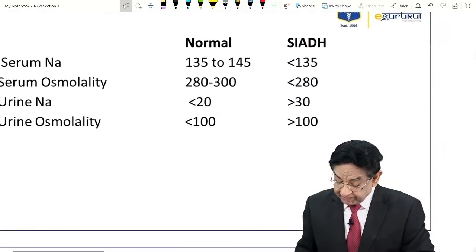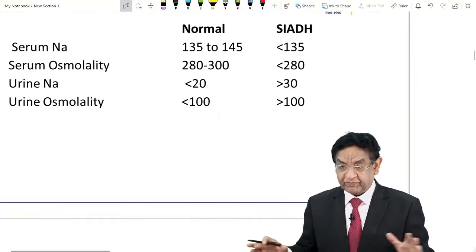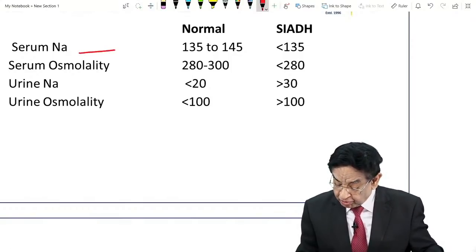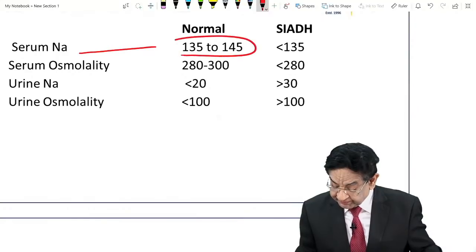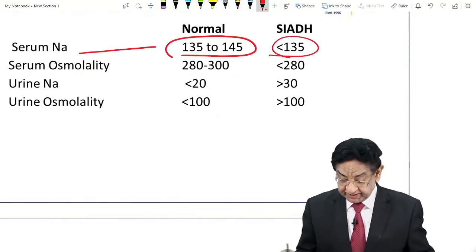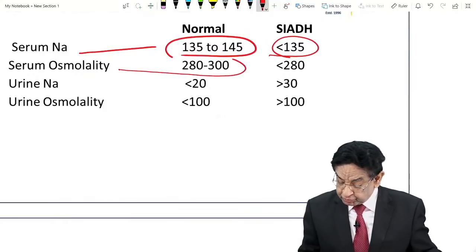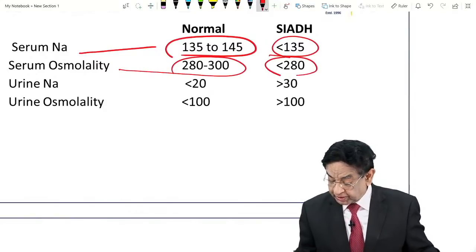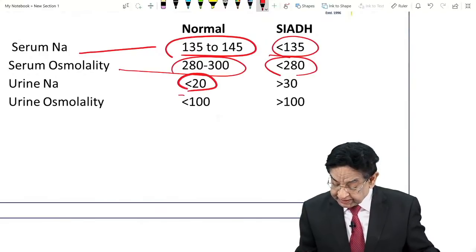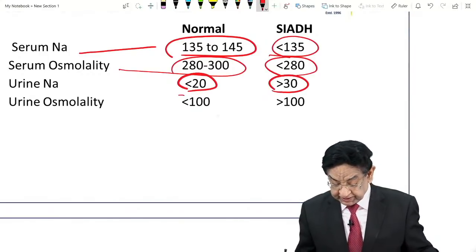So again, one more lovely comparative flow chart to make things easy. Serum sodium normal is 135 to 145. In SIADH it is reduced, less than 135. Plasma osmolality normal is 280 to 300, here it is less than 280. Normal urine sodium is less than 20. Here it is more than 30.